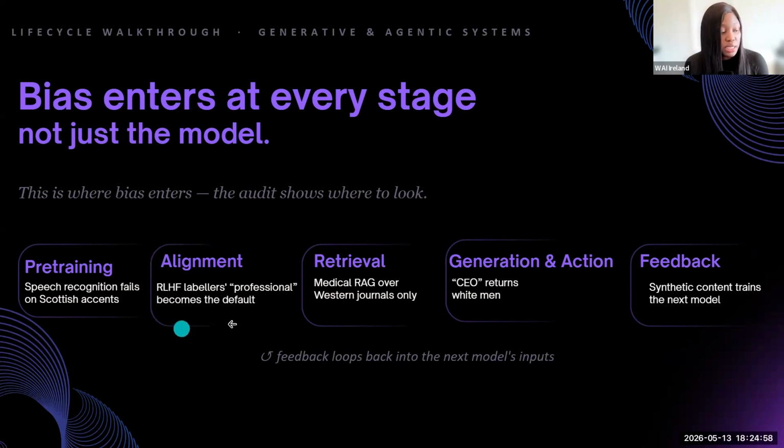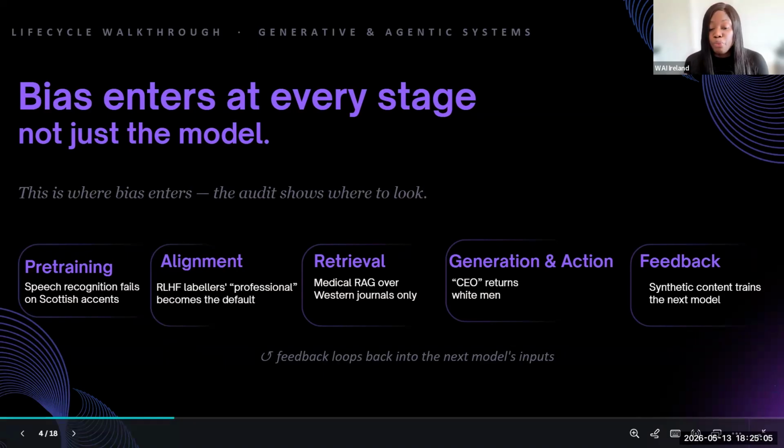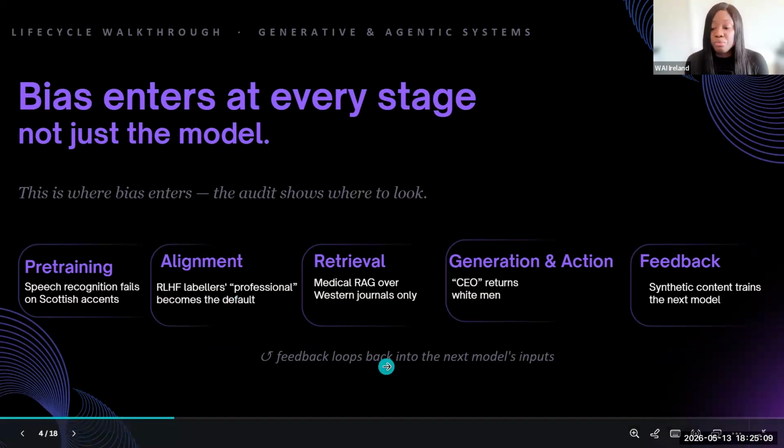Again, another place where data is coming in and another source for any type of bias, if our labelers here are not diverse enough to capture several different perspectives, right?